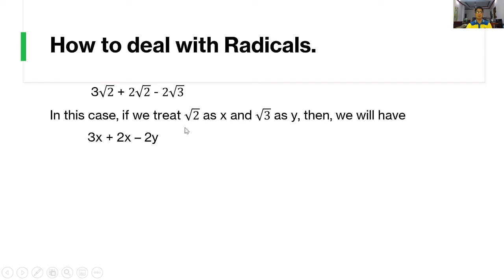I-treat lang natin. Hindi mo kailangang isulat manually, pero iti-treat mo siya. Okay? Iisipin mo na parang variable lang siya. Ayan. Minus 2y. Kasi iba yung square root of 3 sa square root of 2. Kagaya nabanggit natin, they are dissimilar radicals.